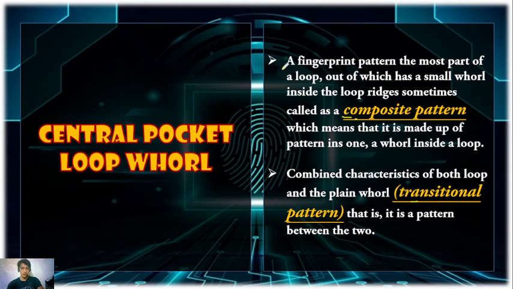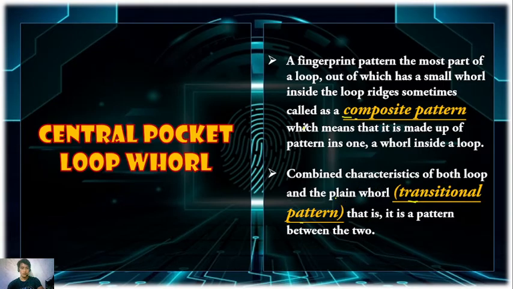And it is also said as transitional pattern because it is composed of two patterns, hindi lang iisang pattern. So composite kasi nabuo sa loob ng isang pattern, and then transitional kasi it is composed of two patterns.